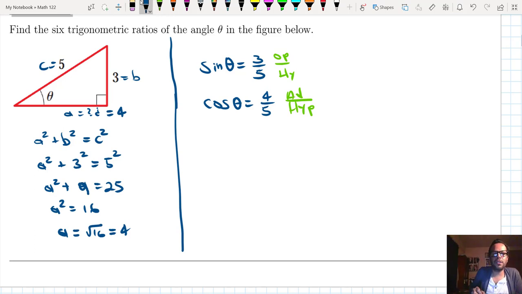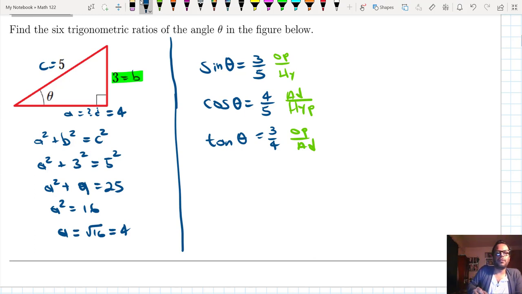Let's go with the next one, tangent, which is by definition the ratio of the opposite to the adjacent, in this case 3/4. All right, so this is opposite over adjacent, and we have 3 more.